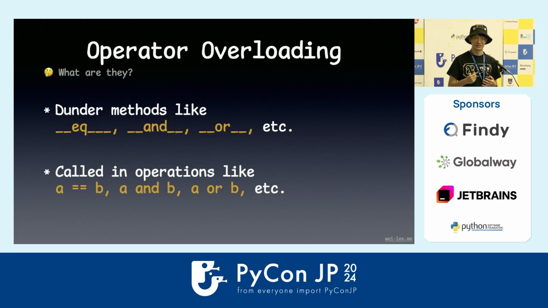And the next thing is operator overloading. It can be either dunder eq, dunder add, dunder and, dunder or, and everything like this. And it will be called if you use this kind of operator, like equal and or.